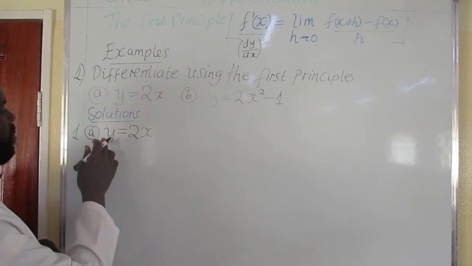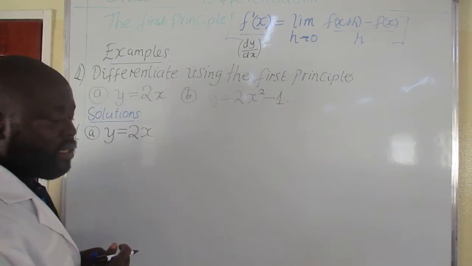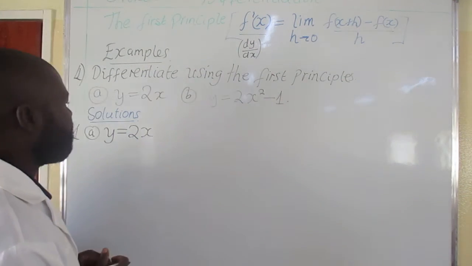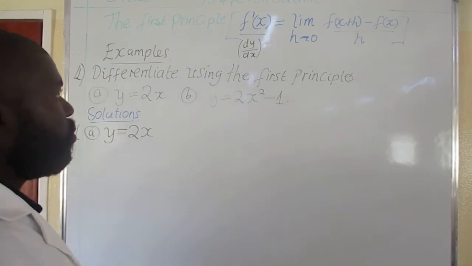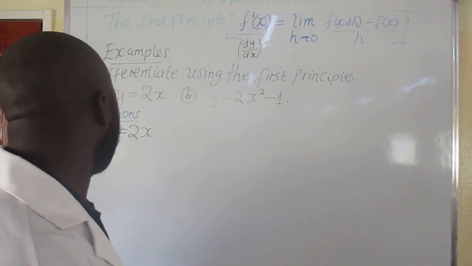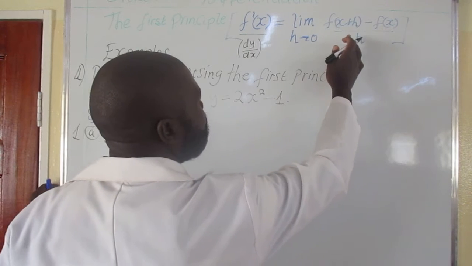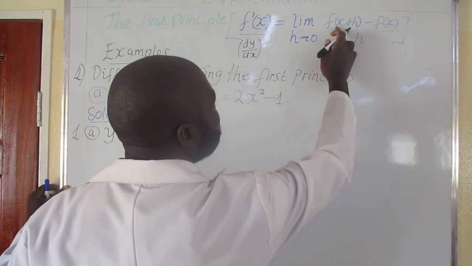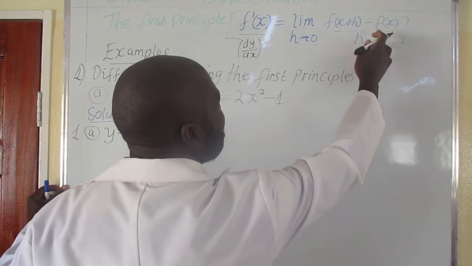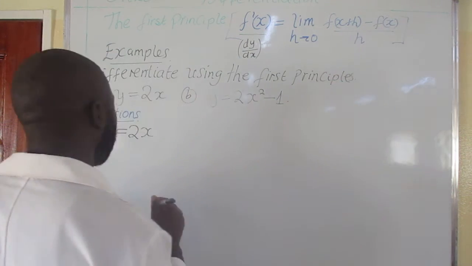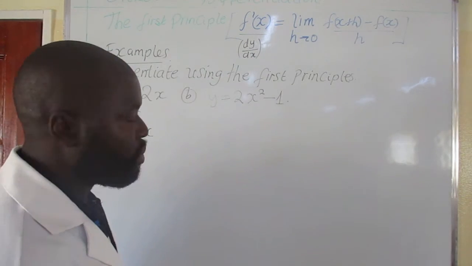So we have to differentiate this by the first principle. Looking at the first principle, we need to know what to substitute for f of x plus h and f of x. We need to know what those quantities are.